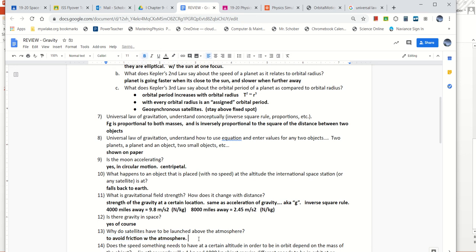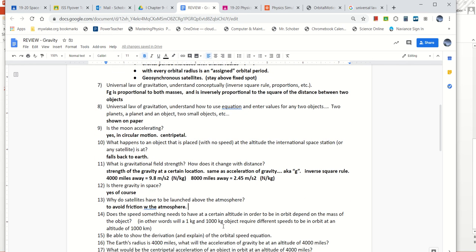And if they're interacting with the atmosphere, if the atmosphere is slowing them down, we obviously cannot expect them to stay in orbit. So that is the only reason. It has nothing to do with gravity being weaker above the atmosphere. We just have to be in a frictionless environment. Otherwise, you're just going to have to be using rockets continuously, which is kind of an untenable situation.